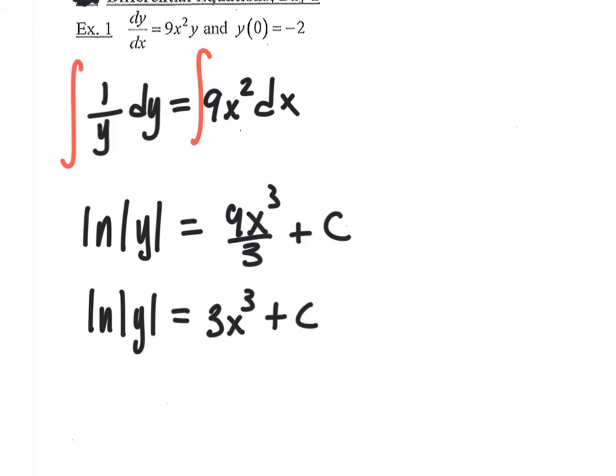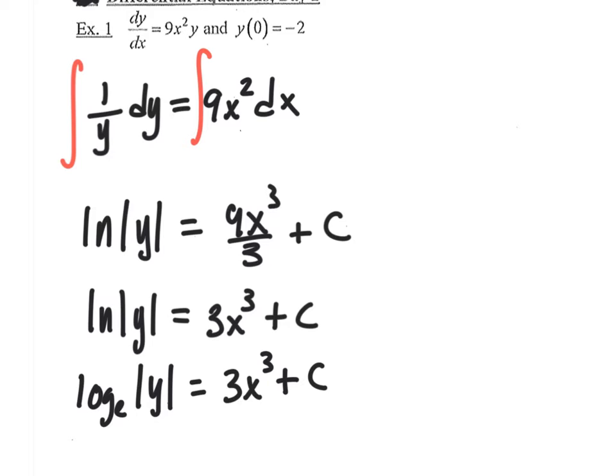Now, my objective for this problem is to solve this equation for y. The problem is that y is inside of the natural log, and at the same time, it's also inside of the absolute value. So the first thing I'm going to do is rewrite this natural log as a logarithm. The natural log is the same thing as log base e of the absolute value of y is equal to 3x cubed plus c.